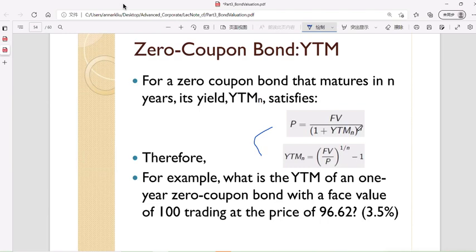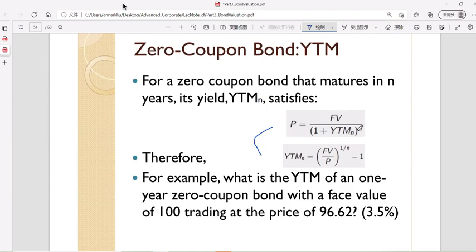This is what it gives you, and then you can actually solve for the bond yield. That's the future value, the par value, divided by the price, the current price, to the power 1 over n, minus 1. Okay. So if you have 5 years, then that's 1 over 5, minus 1.